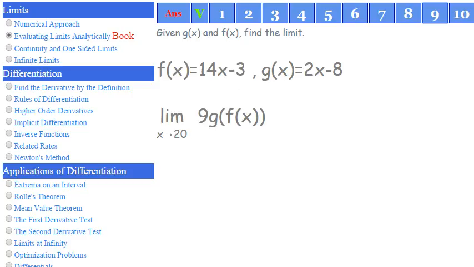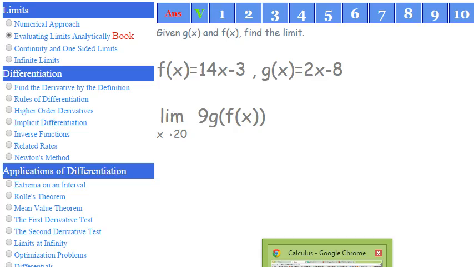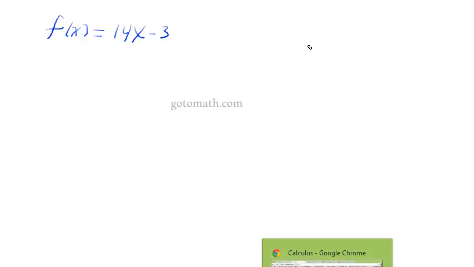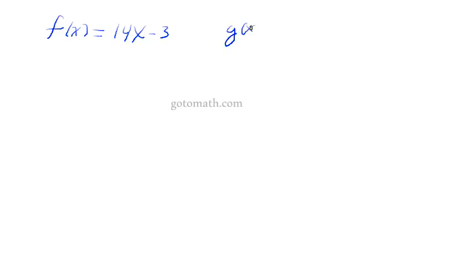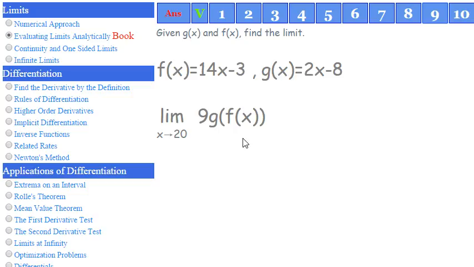We have f of x equal to 14x minus 3, and g of x equal to 2x minus 8, and we're taking the limit as x approaches 20.